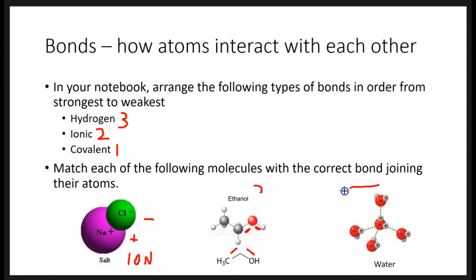Here we see some water. Now, water has interactions between hydrogens and oxygens in the water, so there are hydrogen bonds shown here. But actually, water is also composed of covalent bonds and sometimes ionic bonds.